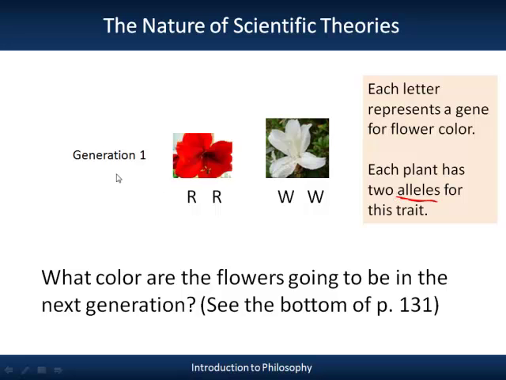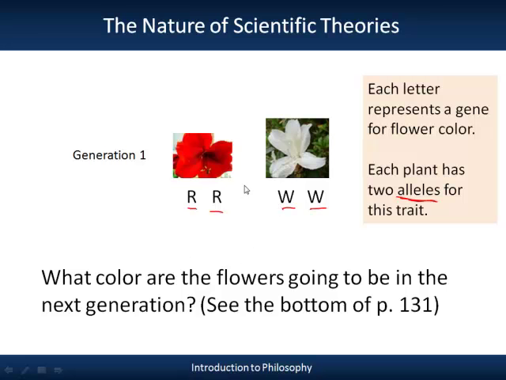So here we have two copies of the gene for flower color in this plant. Both copies determine or make the flower red. And over here, the two alleles, that is, the two genes that determine this plant's flower color, make it white.